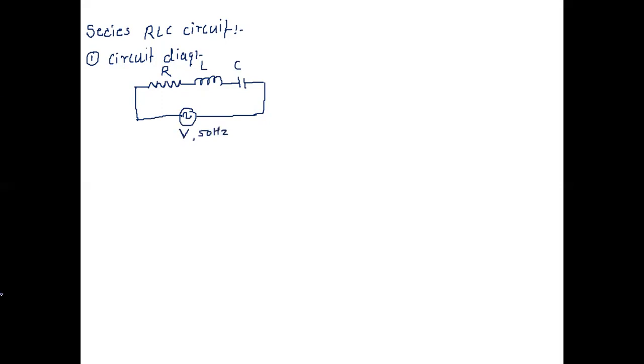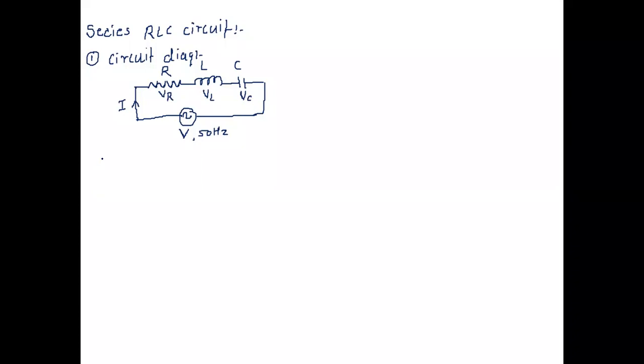So due to this alternating voltage, alternating current flows, and that RMS value of alternating current, let me represent with this capital I. Okay, so due to this I, when it flows through this RLC, it will develop alternating voltage. So let me consider that RMS value of voltage across R is VR, RMS value of voltage across L is VL, and RMS value of voltage across C is VC.